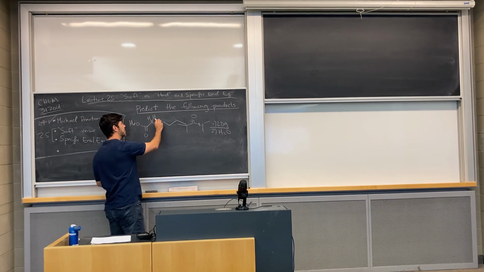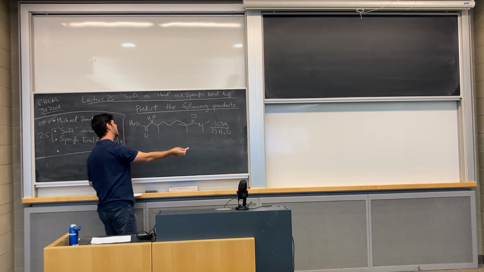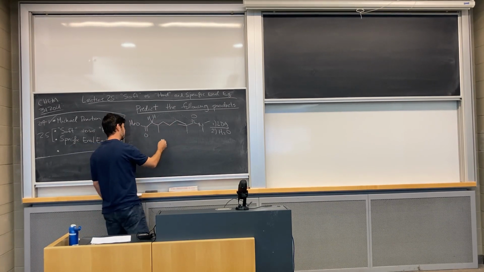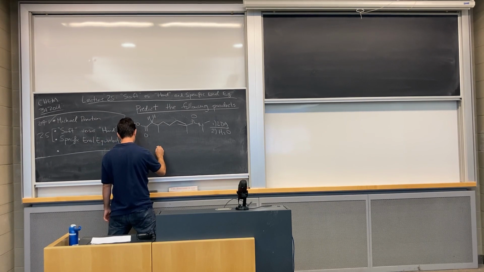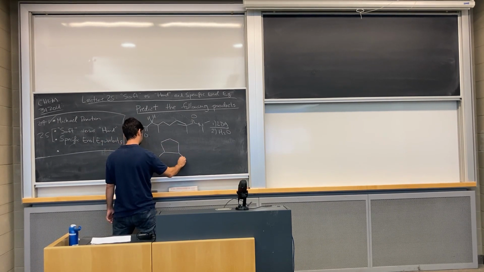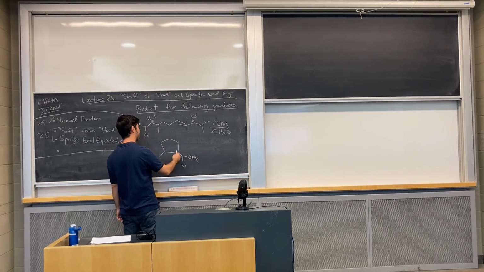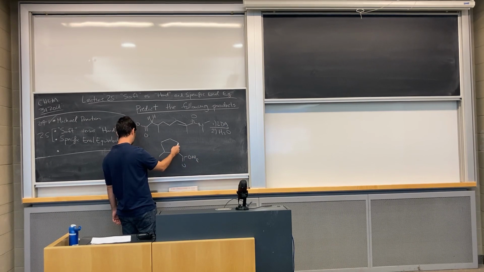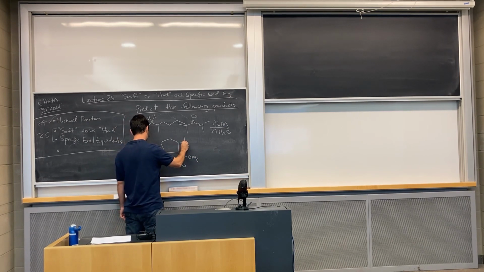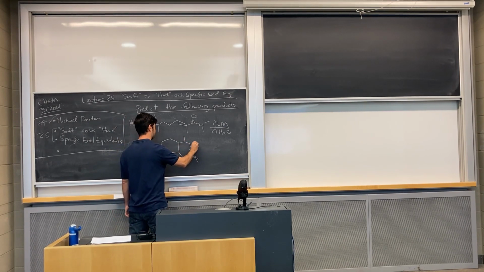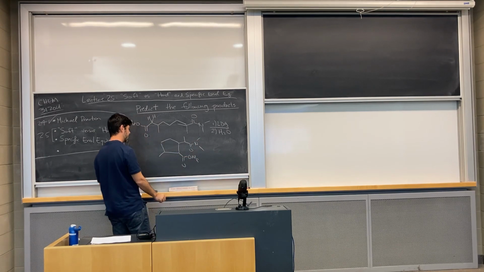So it looks like this would be our product with a 5-membered ring Michael reaction. What that will look like is you close that 5-membered ring, you have your ester, so this is your new carbon-carbon bond, and there's your amide.